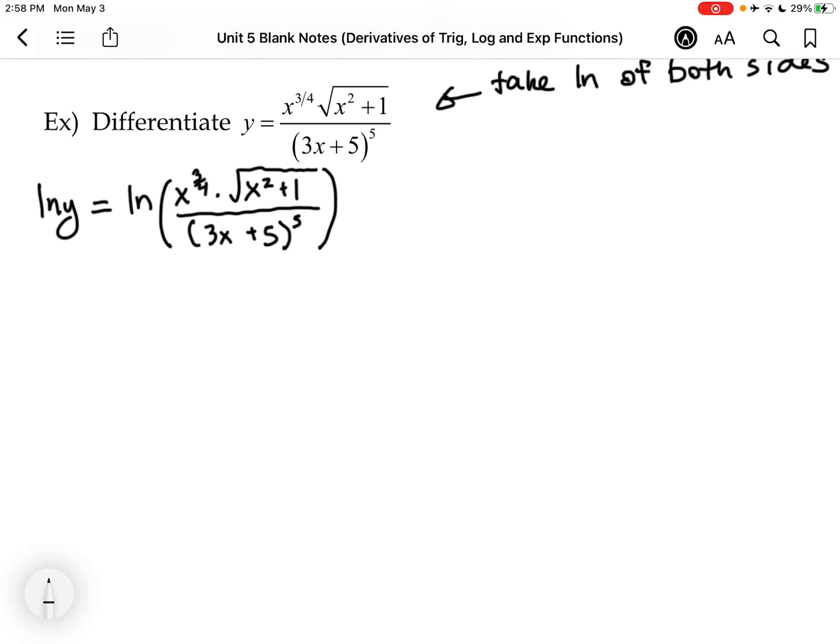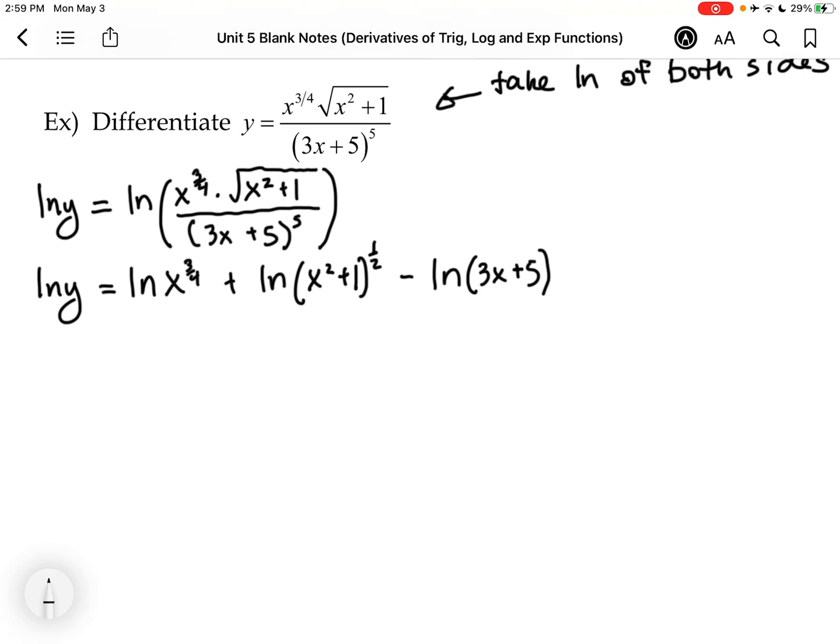So on the left side, I still have the ln of y. But on the right side, I'm going to have the ln of x to the 3/4 plus the ln of, and maybe I'll switch this into a fractional exponent, x squared plus 1 to the 1/2 instead of the radical, and then minus the ln of 3x plus 5 to the 5.